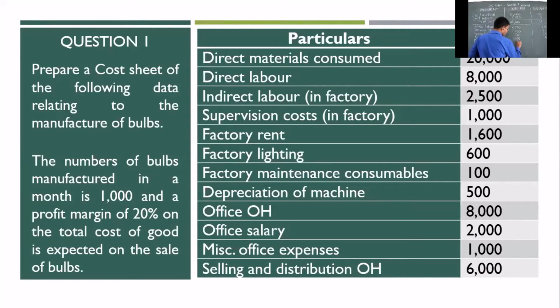Consumables, that is 100 rupees. So cost per unit will be 0.1. Then we have machine depreciation. Since it's mentioned as machine, we are assuming this is a part of your factory machinery, and that is 500. So cost per unit will be 0.5.